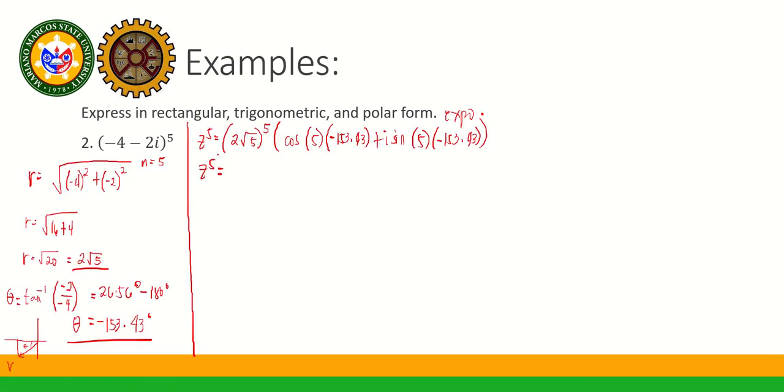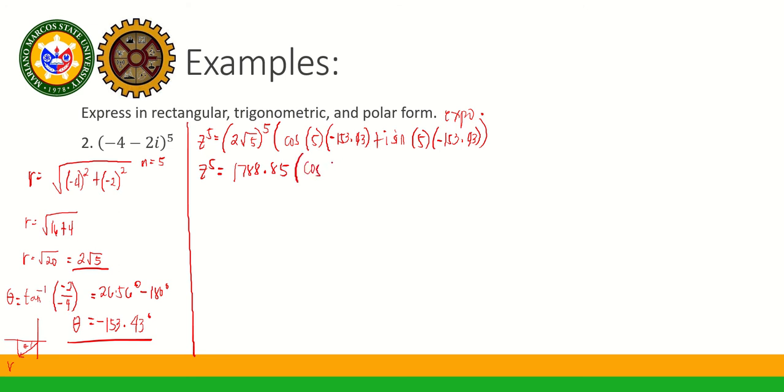z raised to 5 is equal to 1788.85, and then 5 times negative 153.43 is equal to negative 767.15.